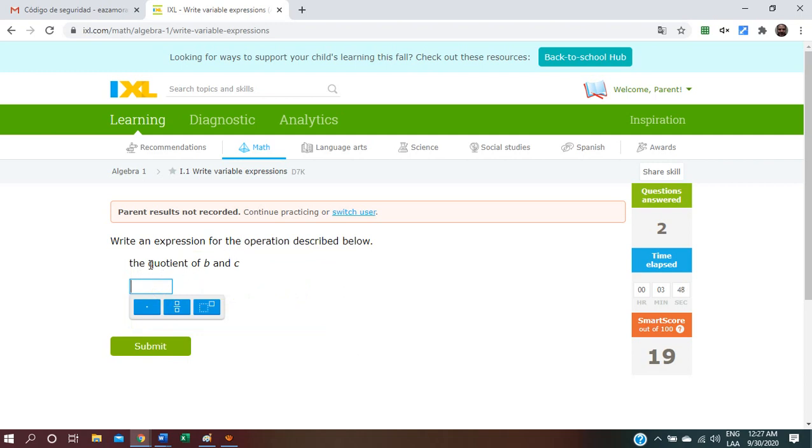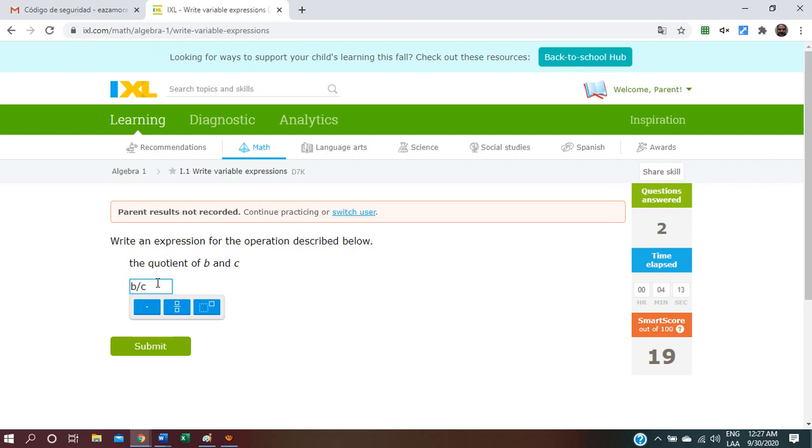The quotient, what does it mean? It implies that we are going to do a division. The quotient is the result of a division. So the result of this division is going to be b divided by c.